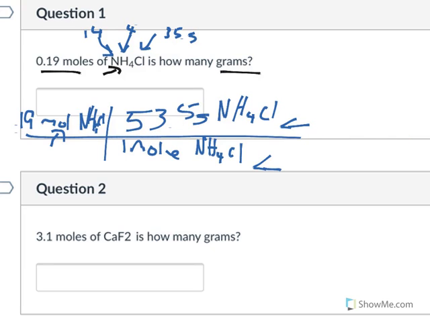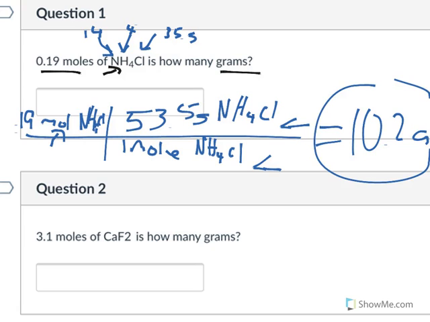So this all equals 0.19 times 53.5, and that gives us 10.2 grams. So we went from 0.19 moles, we knew that 1 mole is equal to 53.5 grams, so 0.19 moles is equal to 10.2 grams. That's how we do that one.